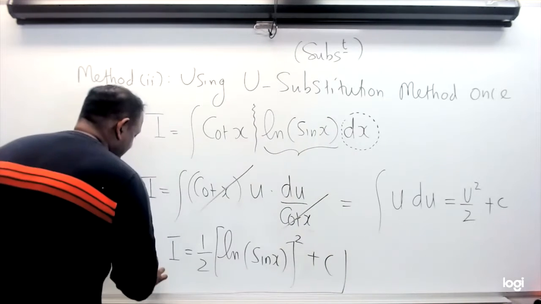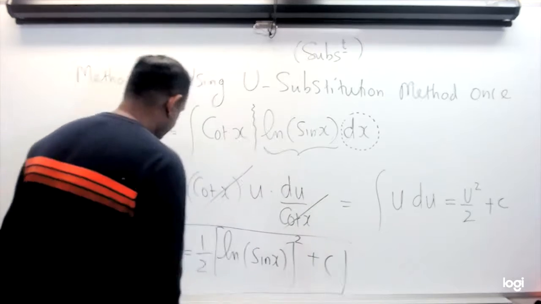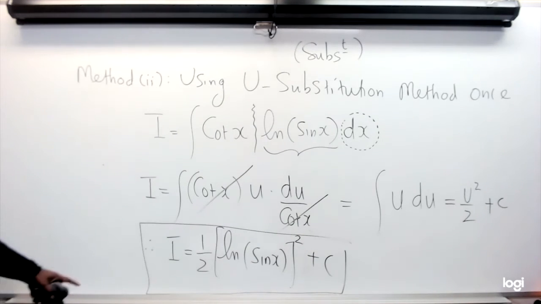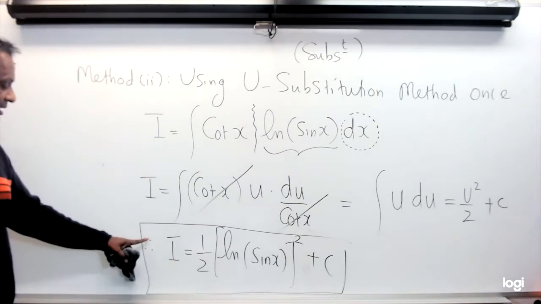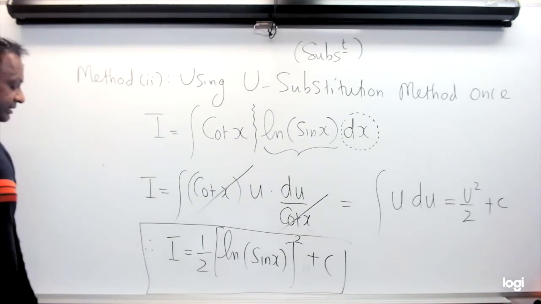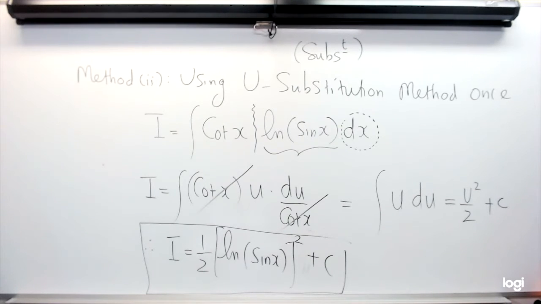That's the same answer. This symbol means therefore, three dots at the vertices of a triangle. We got the same answer.